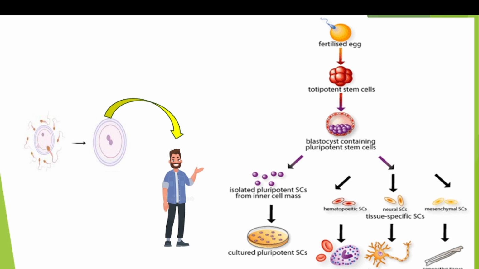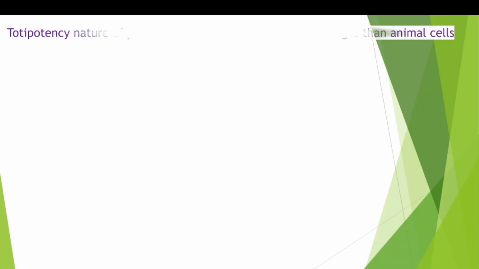Why not in animals? Because the totipotent nature of plants is due to simple developmental stages. If you take a plant from zygote to plantlet, it has very few stages of development, 3 or 4 stages. But in animals, a very large number of stages are present. That is, complex development is present in animals.